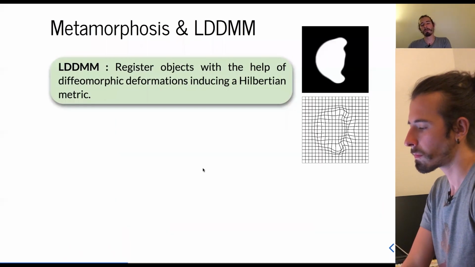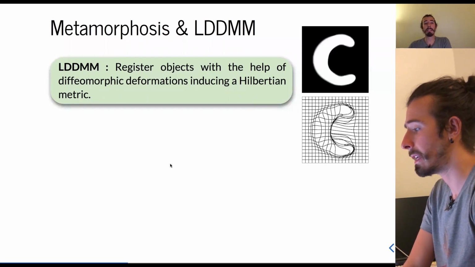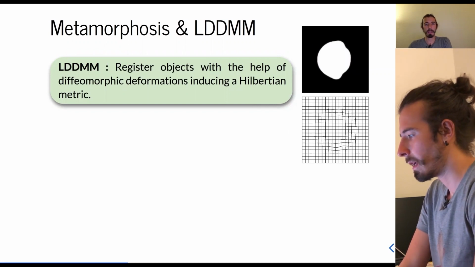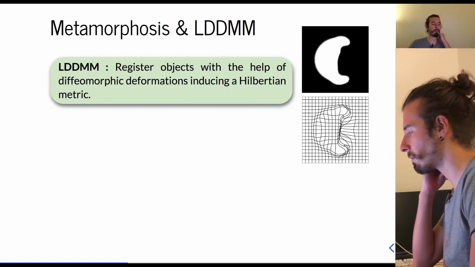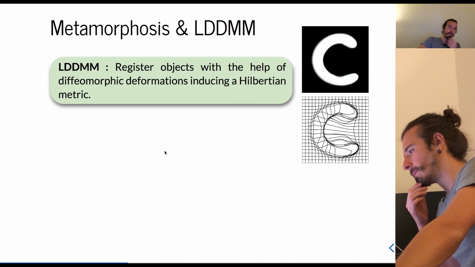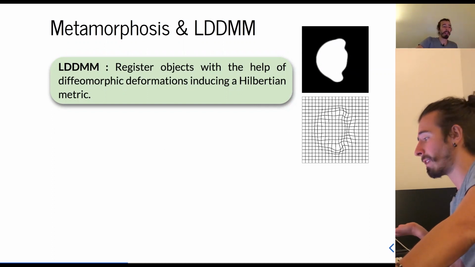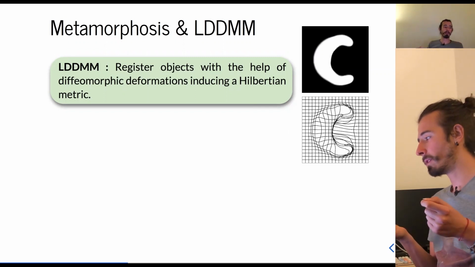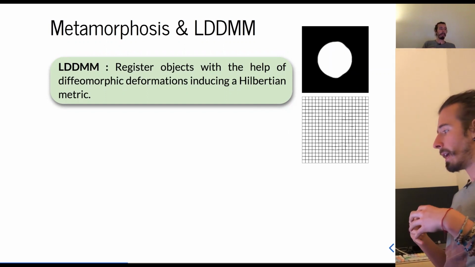In order to do the registration, I'm using LDDMM and Metamorphosis. For those who are not familiar with it, I will quickly say what LDDMM is. It is a tool to match two images by a deformation, which is induced by a flow of vector fields.